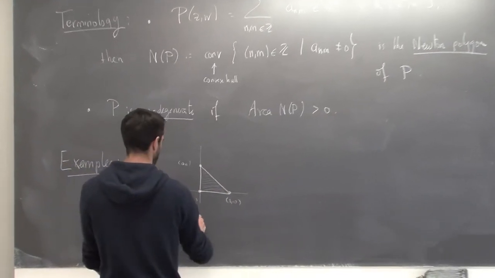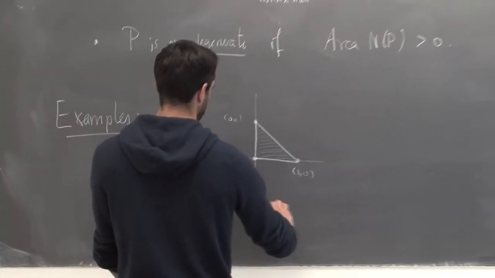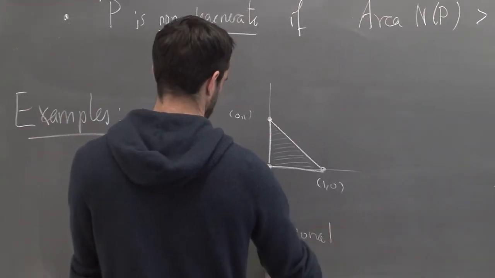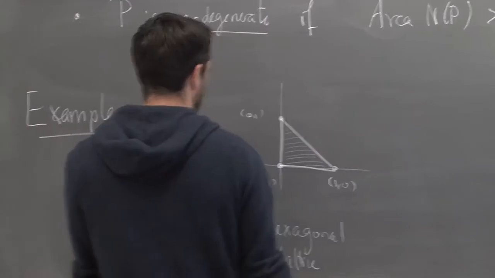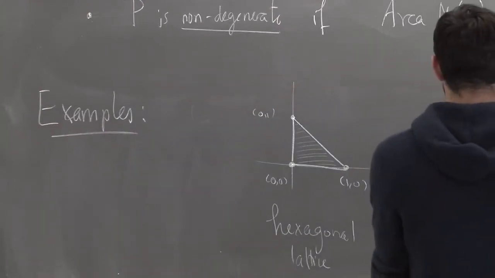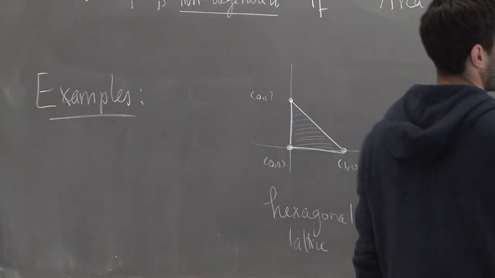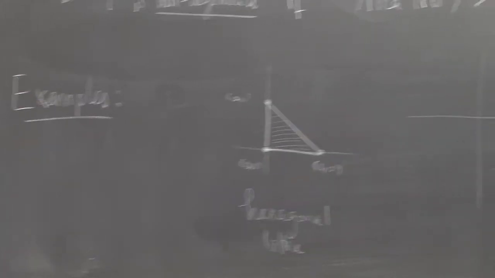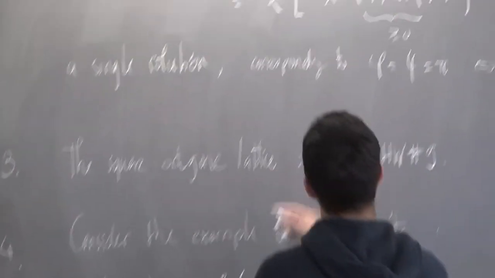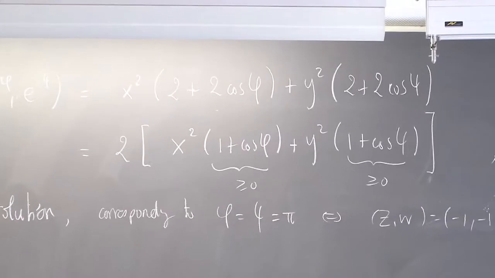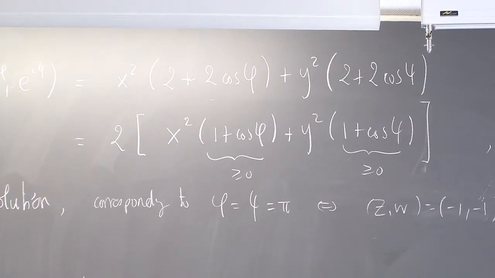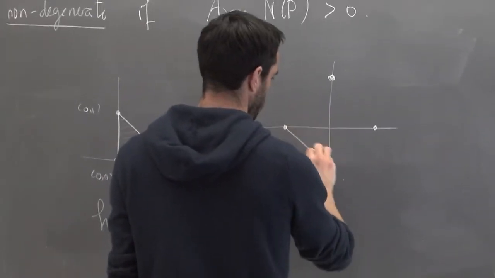This is for the hexagonal lattice. What about the square lattice? I had 2 plus z inverse, so I have the coefficients (1,0), (-1,0), (0,1), (0,-1).